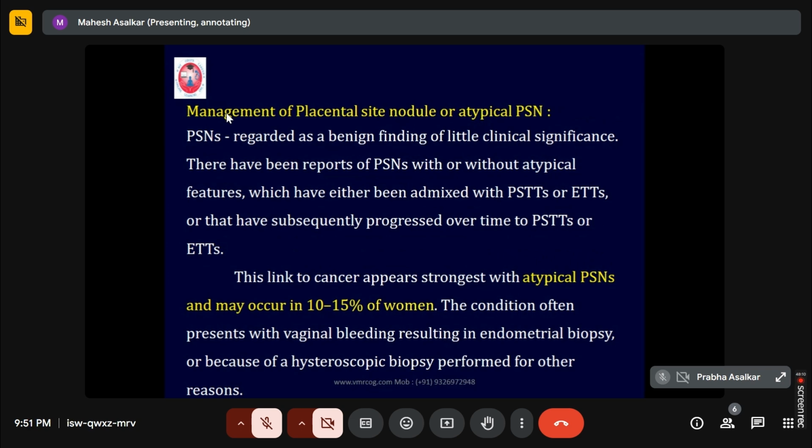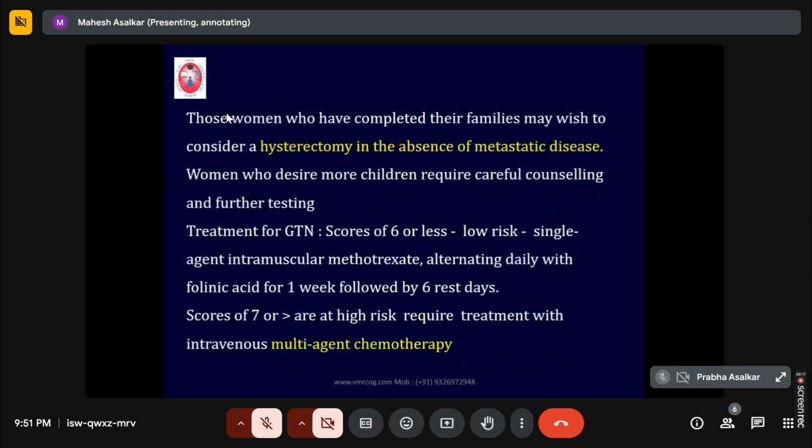So if it is an atypical PSN, it may progress to PSTT or ETT in 10 to 15% of cases. Those women who have completed their families may wish to consider hysterectomy in absence of metastatic disease. Women who desire more children require careful counseling and further testing.